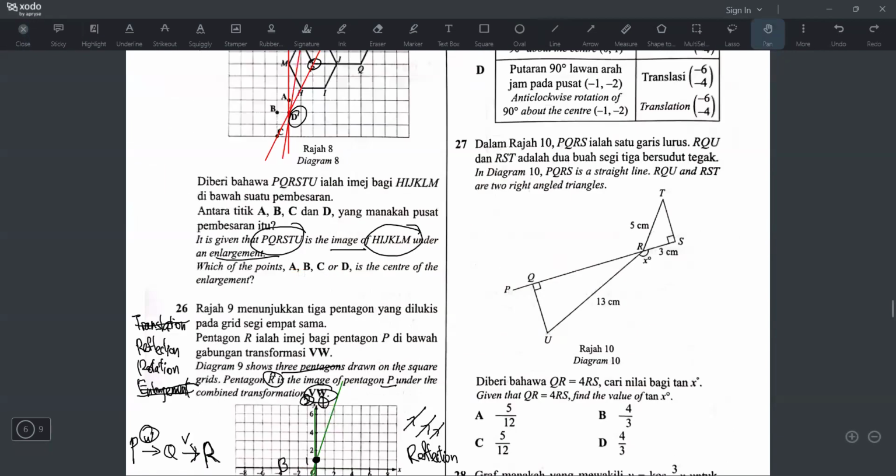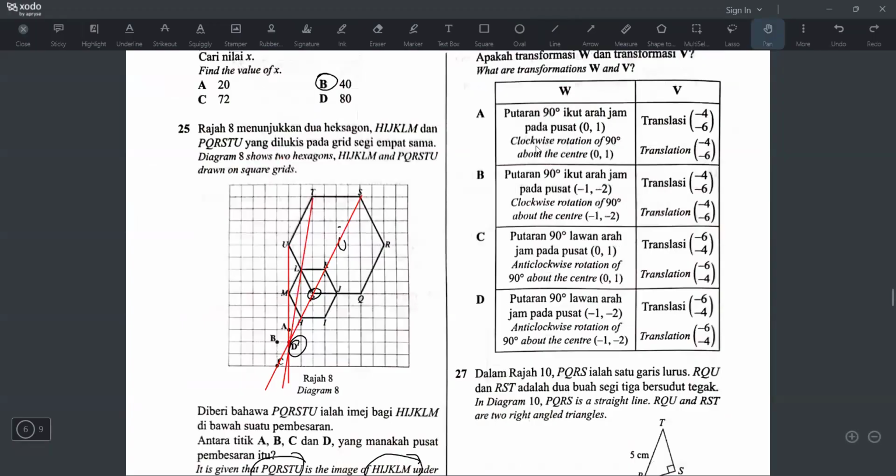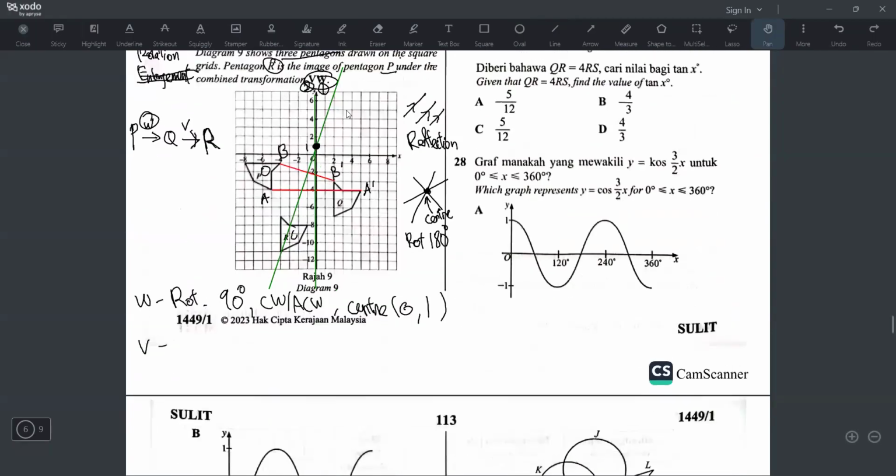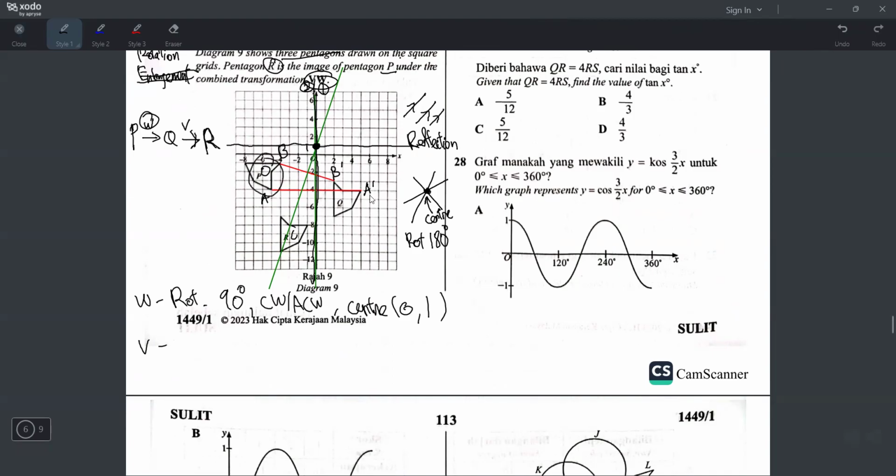Let's check W. For W, they say I have not determined clockwise or anti-clockwise. So this is the center, right? After you know the center, you can put a cross at the center here, and you can see this is the object, this is the image. You don't go from here to here, no. You go from here to here, object to image. So this one is anti-clockwise, because the center is here, right?